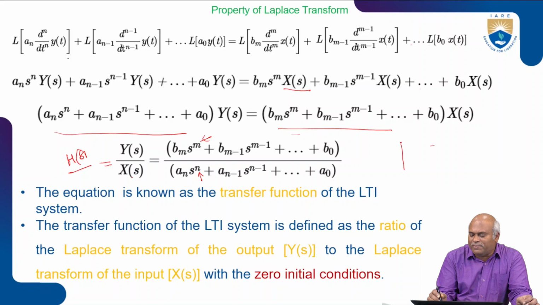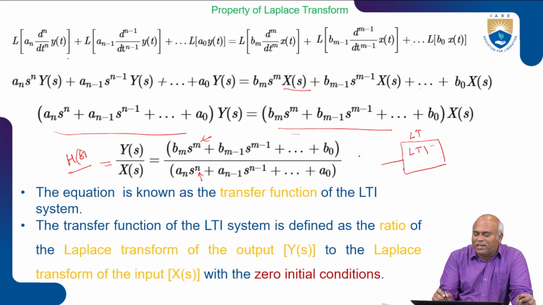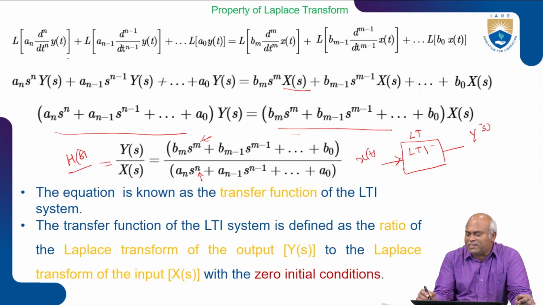Now we take the Laplace transform. The system response is represented in the Laplace transform, for the LTI, linear time invariant system. We give the input x of t, and it produces the output represented as Y of s. The input in the Laplace transform is X of s.